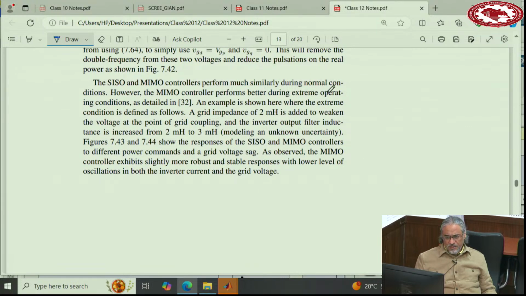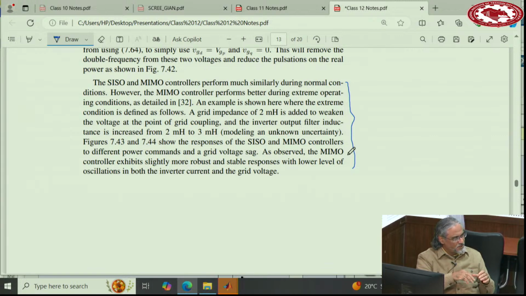I mentioned here that in most ordinary or normal situations, even within the normal range of disturbances and uncertainties, we checked that CISO and MIMO work very similarly. However, if you really push the system to the extremes, you will see the advantage of the MIMO controller.